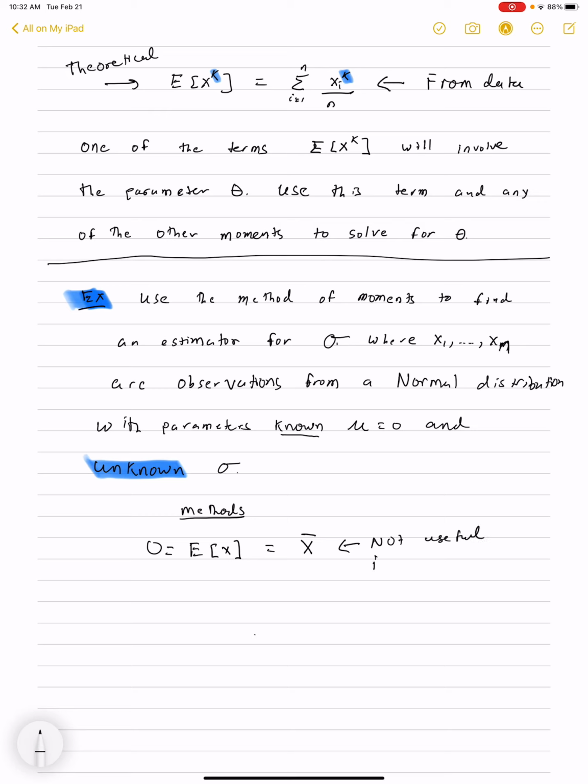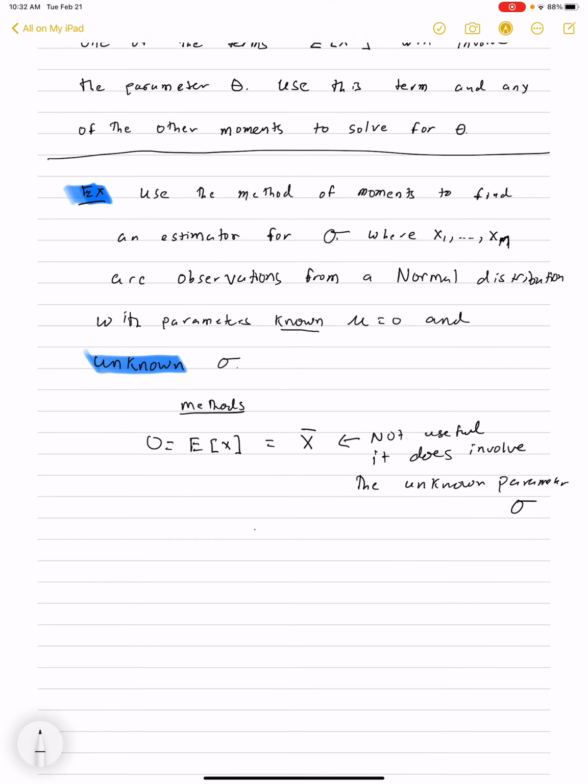It does not involve our unknown parameter sigma.